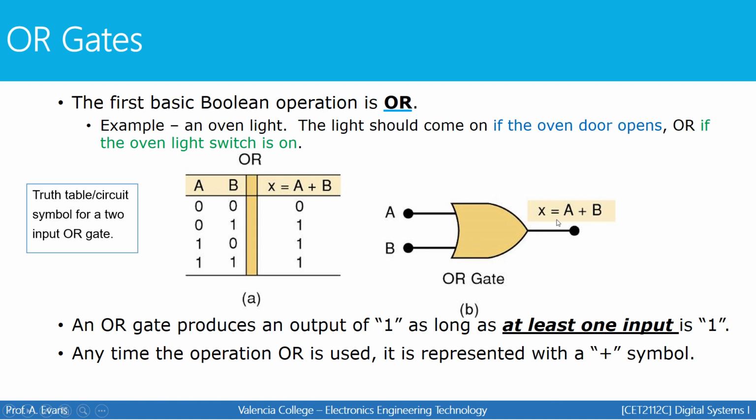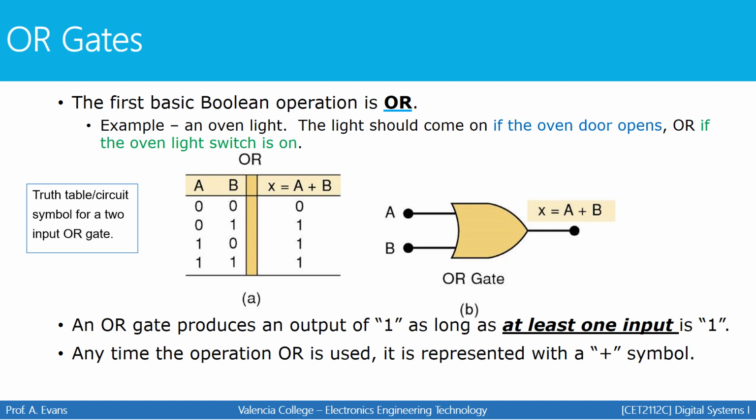And when we represent OR, we represent it with a plus symbol. So notice right here, right above the OR gate, we have X equals A plus B. X is just the variable name for the output of the OR gate. And then the A plus B represents OR in a mathematical representation. So in the realm of digital systems, I'm not going to really say X equals A plus B. Anytime I see a plus sign, I'm really going to say X equals A or B. The plus sign is like a symbol that represents the idea of OR.